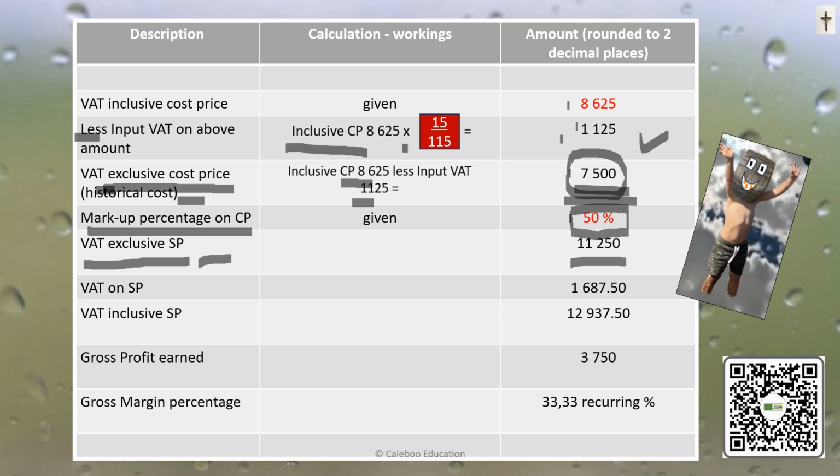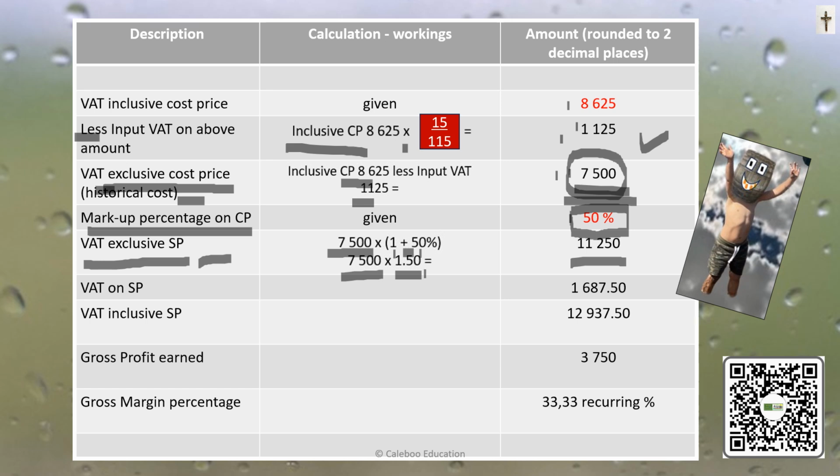But how did we get that? We say the VAT exclusive cost price multiplied by 1 plus the 50%, which is the markup on cost price, is 7,500 times 1.5, because 50% is 0.5. 1 plus 0.5 is 1.5.